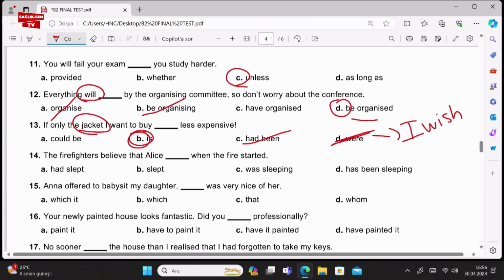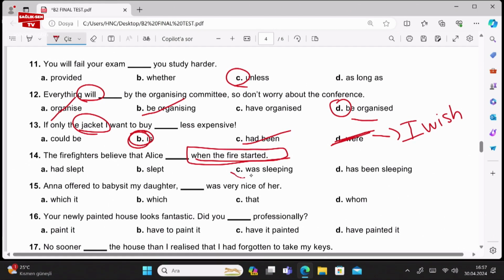The firefighters believe that Alice blah blah when the fire started. We need a time harmony, tense harmony in this one. And this is a short action happened in the past. So we assume that we need a longer action happened in the past.